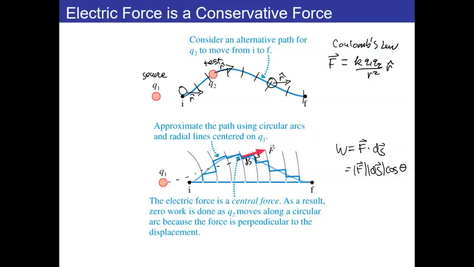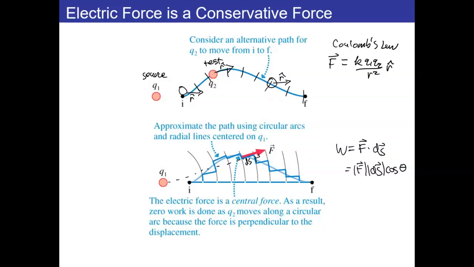So I'll do work all the way. There are no intervals when I'm doing no work. And so what we can conclude here is that the work done to take the particle from point I to point F is going to be the same along this path as it would be along this path.